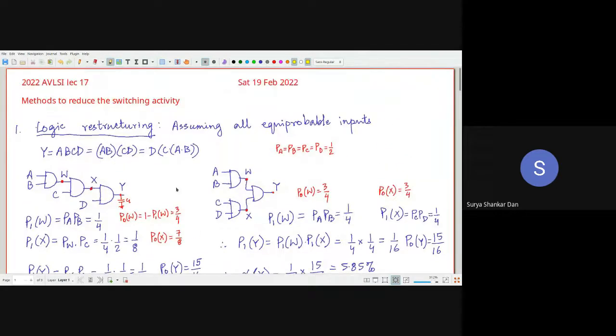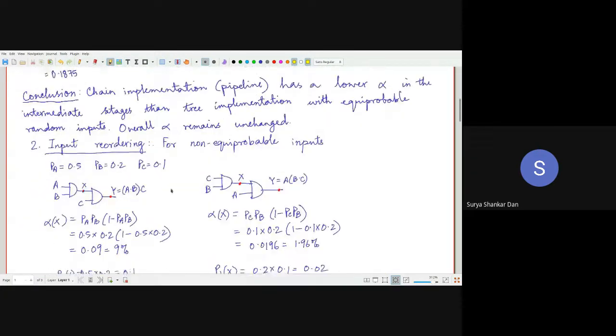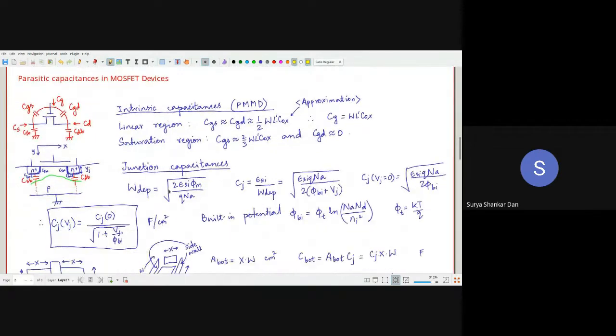All right, that concludes our studies on switching activity. Now we will come into the capacitance, a very, very important part of our course.